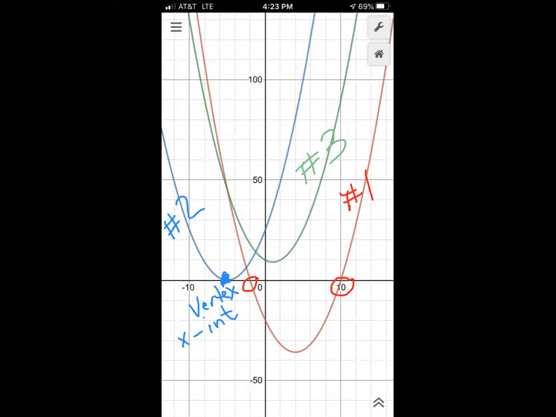Now, number 3, on the other hand, if you recall, in our algebra, there was no solution. It's not possible. So check it out. Number 3's graph does not touch the x-axis, ever. There is no place where that green parabola touches, crosses, bounces, nothing on the x-axis.